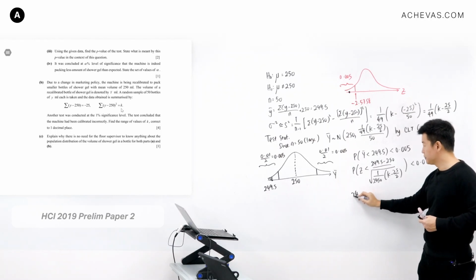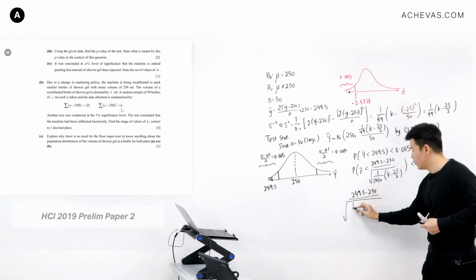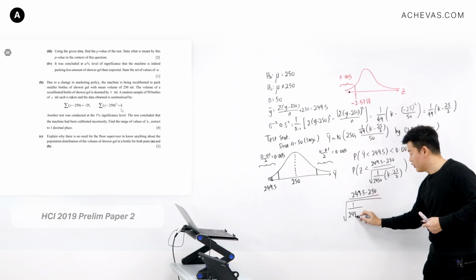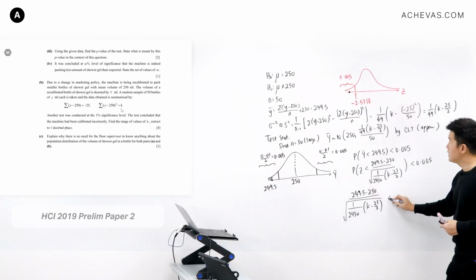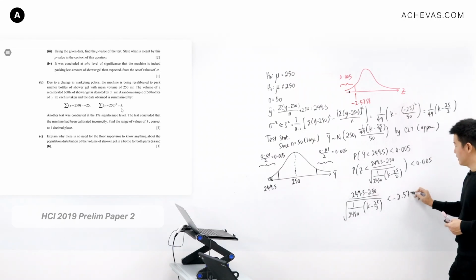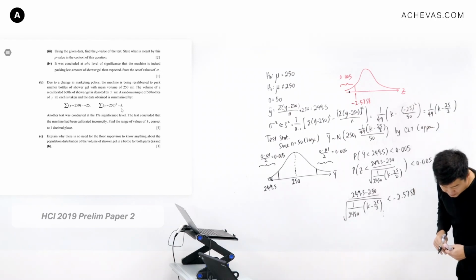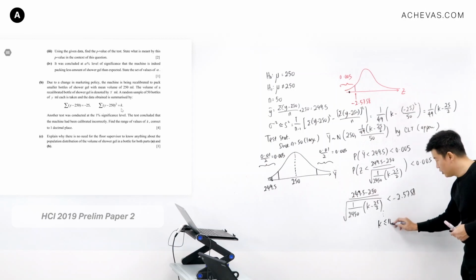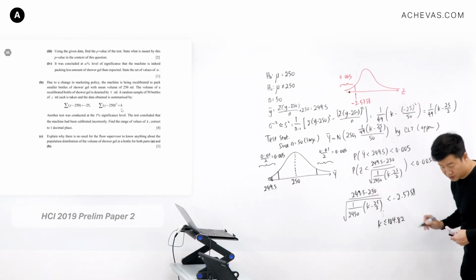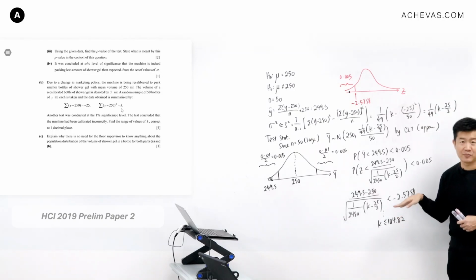So I know 249.5 minus 250, divided by the square root of 1 over 2450 of k minus 25 over 2, must be less than minus 2.5758. And you manipulate this to get k. And if you have manipulated this to get k, k is supposed to be less than or equal to 104.82.